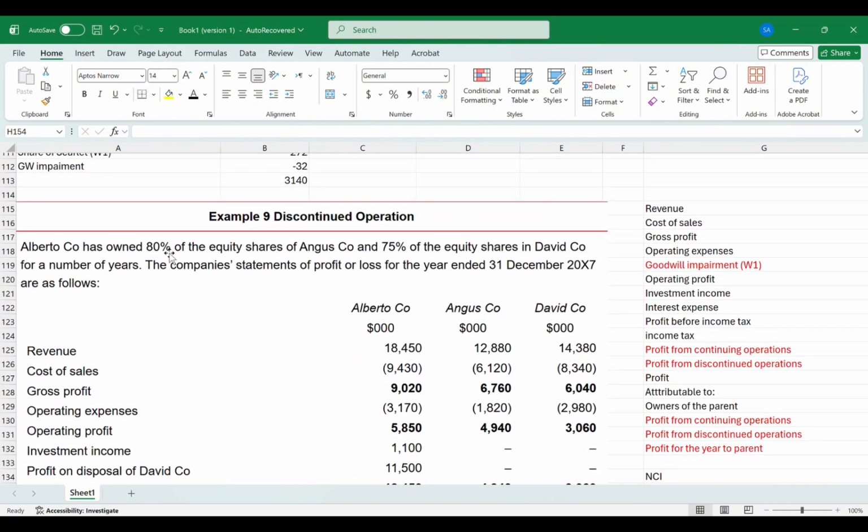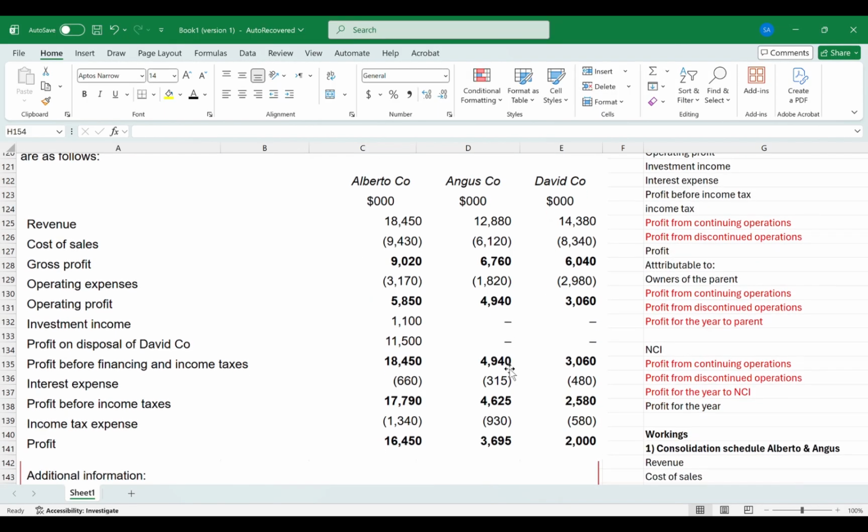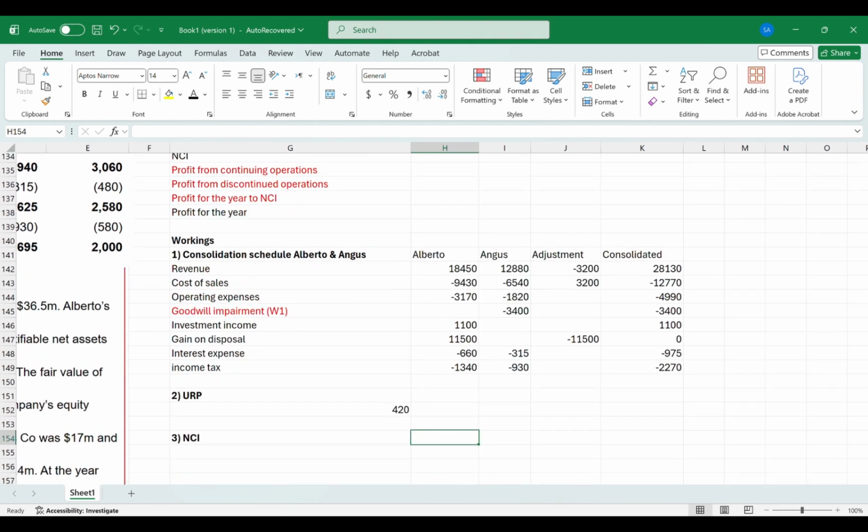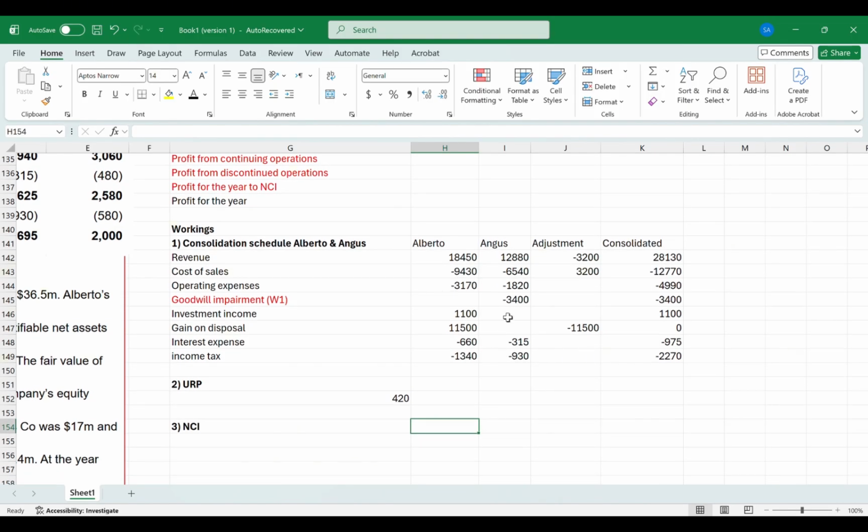You have acquired it at 80%, right? And if you see the profit, what is the profit of Angus? From here you have to see. This you will get in your working number 1.